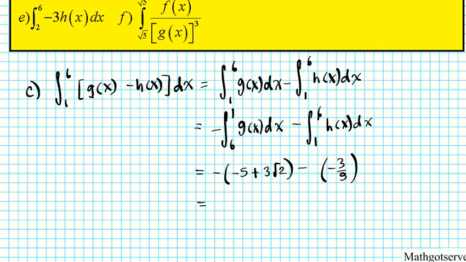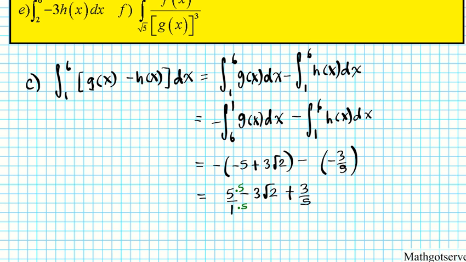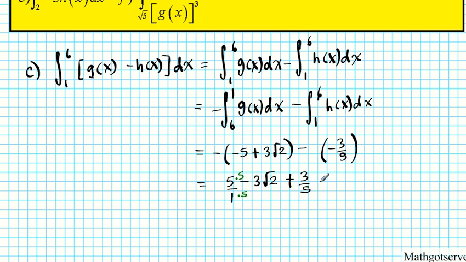To simplify further, we distribute this minus to these two: 5 minus 3 over 2, and then plus 3 over 5. Put this as a fraction. Find the LCD so I can combine these two together, multiplying by 5 top and bottom. So this basically becomes 25 plus 3 is 28, so this becomes 28 over 5 minus 3 over 2. Alright, so there goes your final answer.